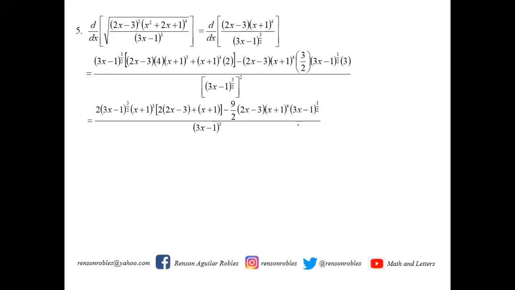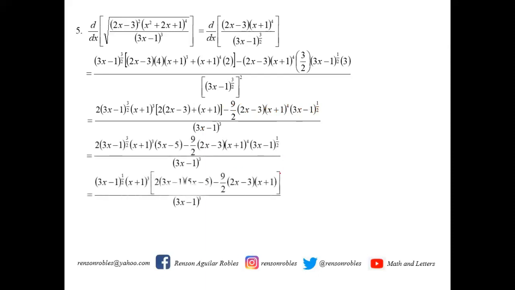Again, by common monomial factor, you shall have this. And simplifying further, you will have (x plus 1) to the third power. And then I just combine this (3x minus 1) raised to 1/2 and (3x minus 1) to the third power. By laws of exponent, that is equal to (3x minus 1) raised to 5/2.